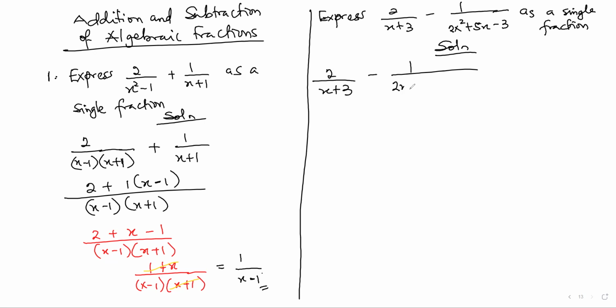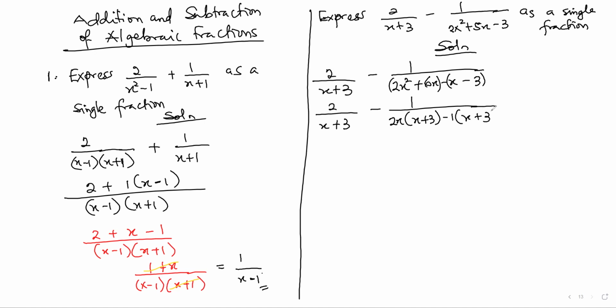So we write this as 2x squared plus 6x minus x minus 3. Grouping them into type 1 factorization, what's common is 2x, so you're left with x plus 3. What's common is my negative 1, you're left with x plus 3.